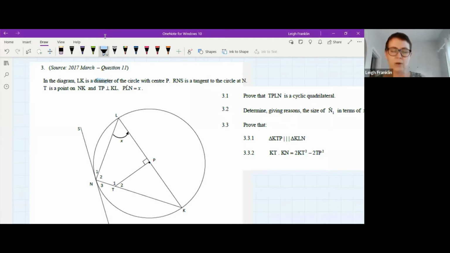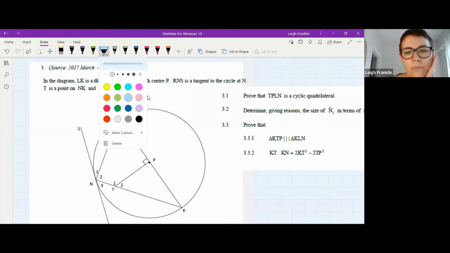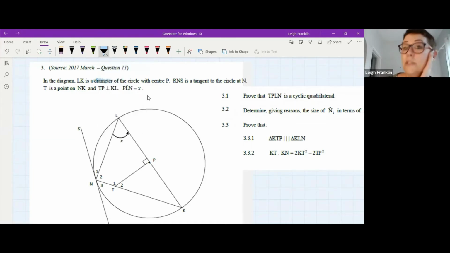Cassandra, what does that mean to you? The sum of 2 radii. Indeed, absolutely. So in other words, it means that LP equals PK. That's definitely one thing that it means. What else does it mean?